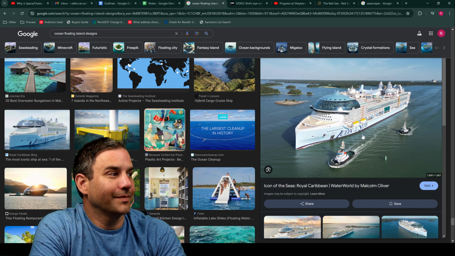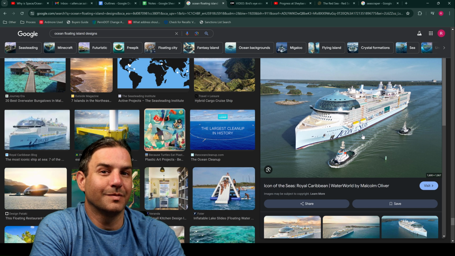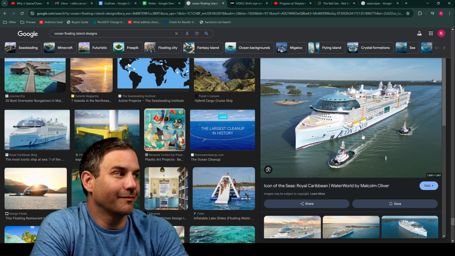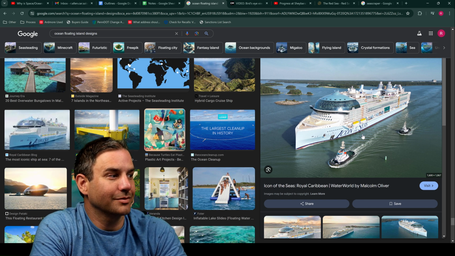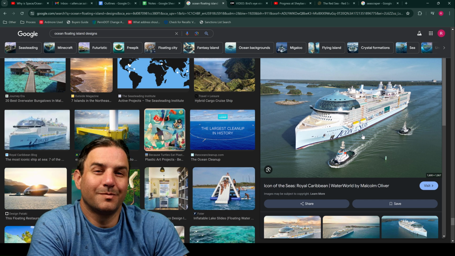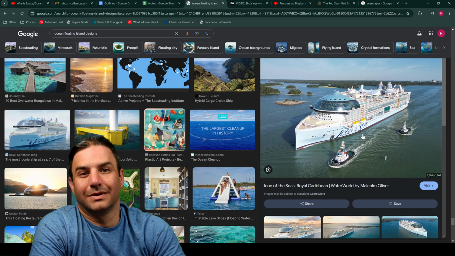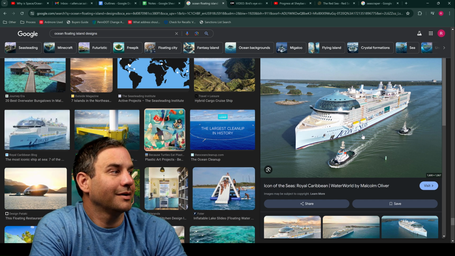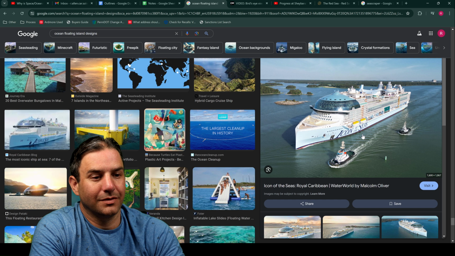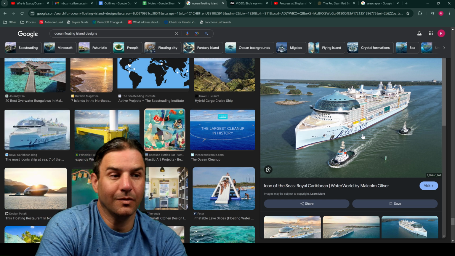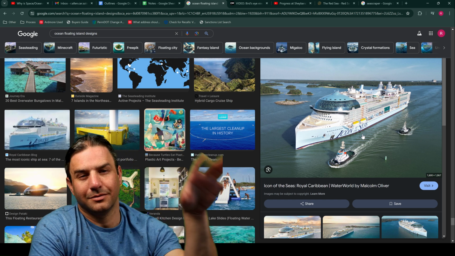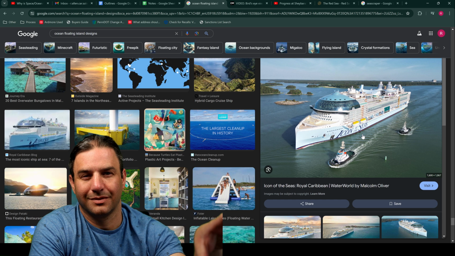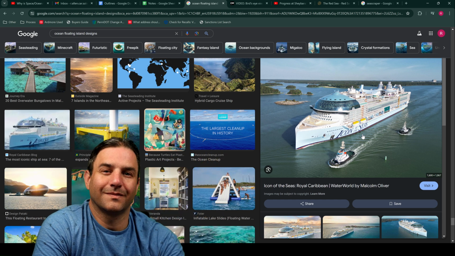So I feel like the cruise industry is the best for building floating structures, and how much bigger do cruise ships really need to get? Why wouldn't they just build a floating structure that they could ferry you out to on a boat or land you out there with a, I don't know.